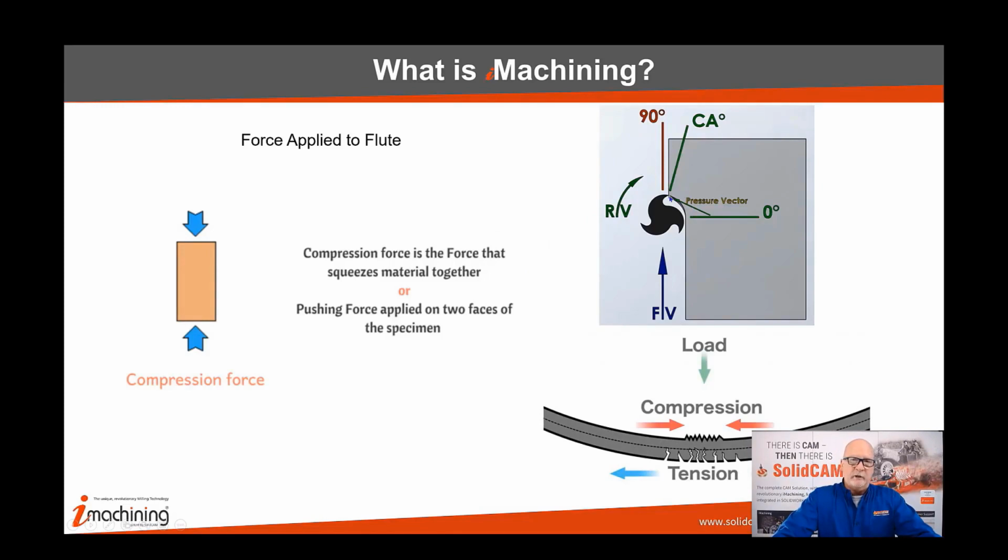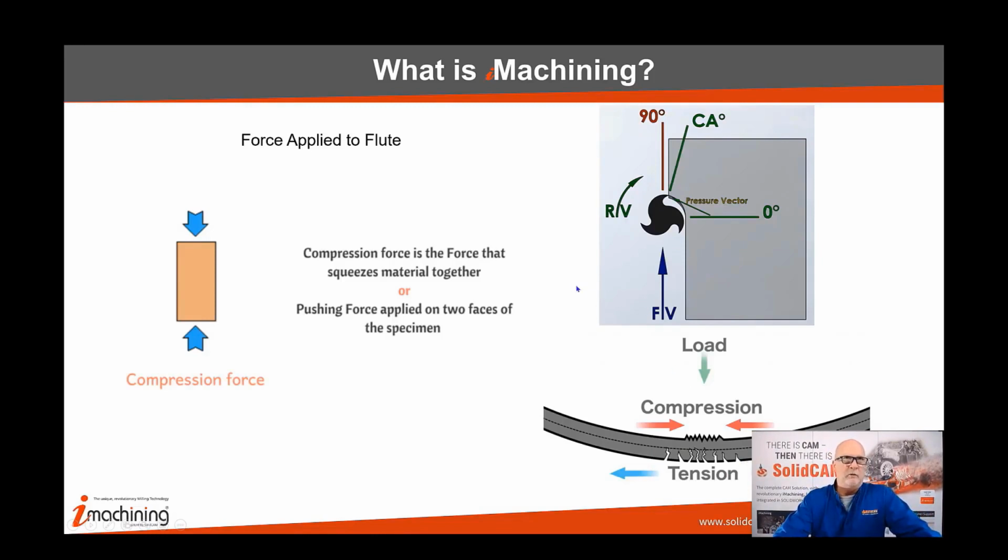If this pressure vector is aligned with the tangency of this flute as it travels through this region where plastic deformation is occurring, as long as that pressure vector remains very near tangent to the curvature of that flute, then the only thing it's going to see is this compressive force. But at that 90-degree quadrant where it flips to the outside, it's seeing pure tension force against it. And this creates microchipping in the carbide substrate.